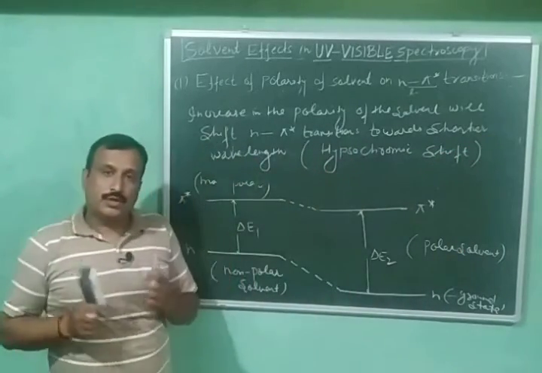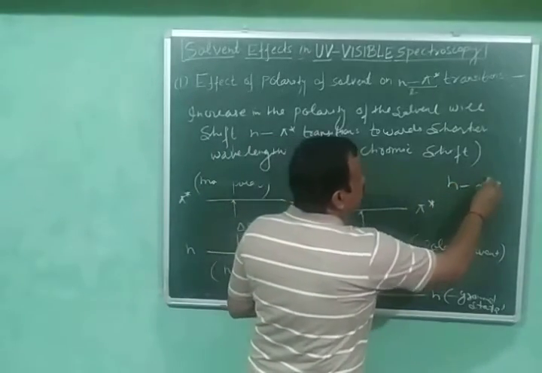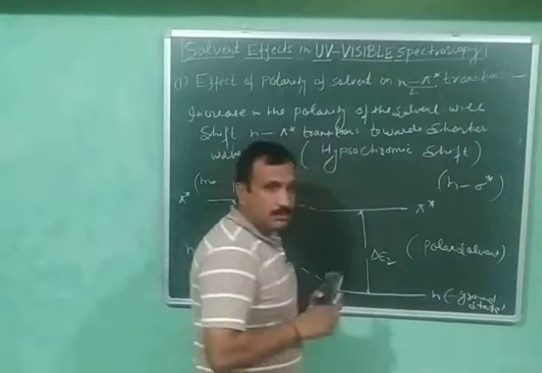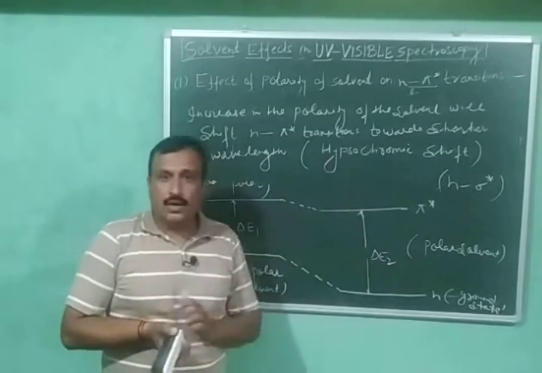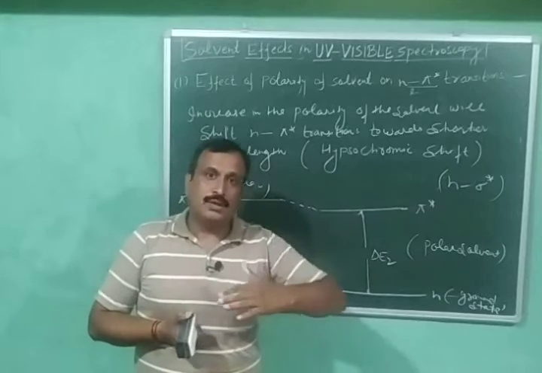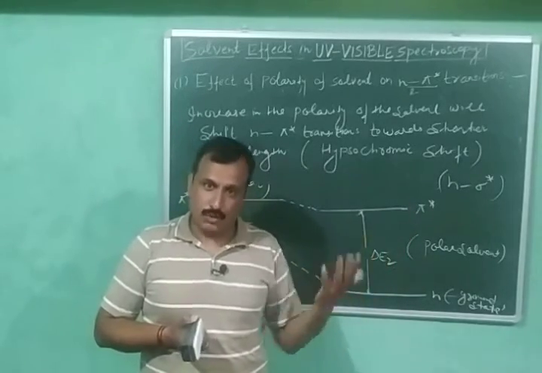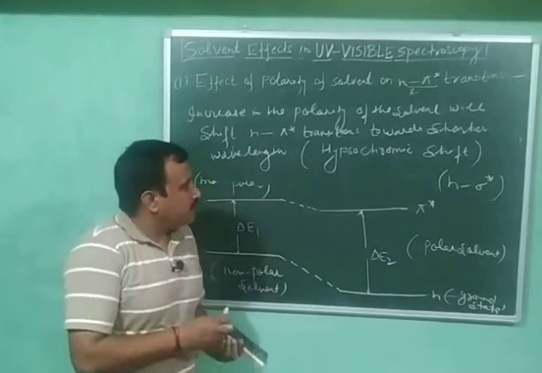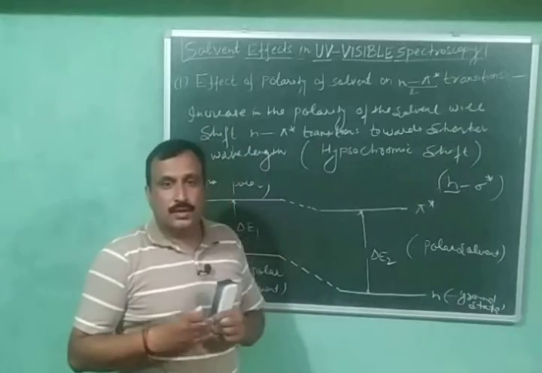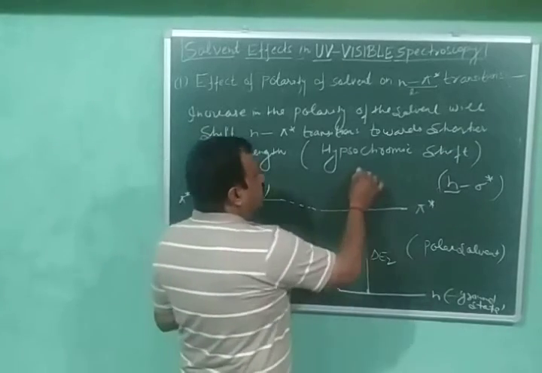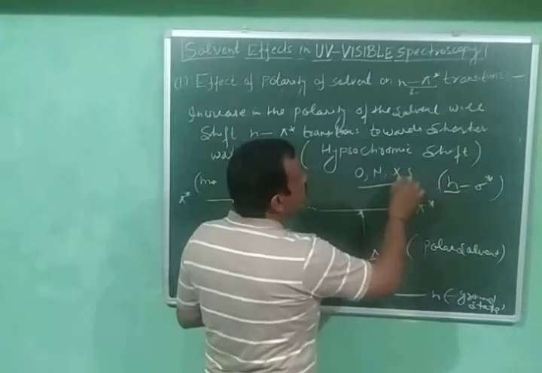And the effect of polarity of the solvent on n to sigma star transitions will be the same, because in this case also a non-bonding electron will be excited to the sigma star anti-bonding molecular orbital. This non-bonding electron will always be present on some heteroatom like oxygen, nitrogen, halogens or sulfur.